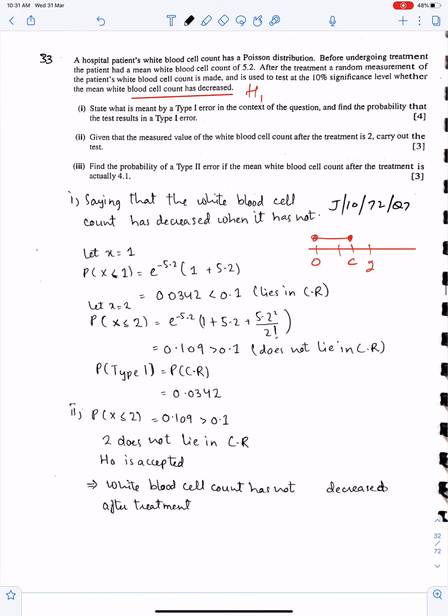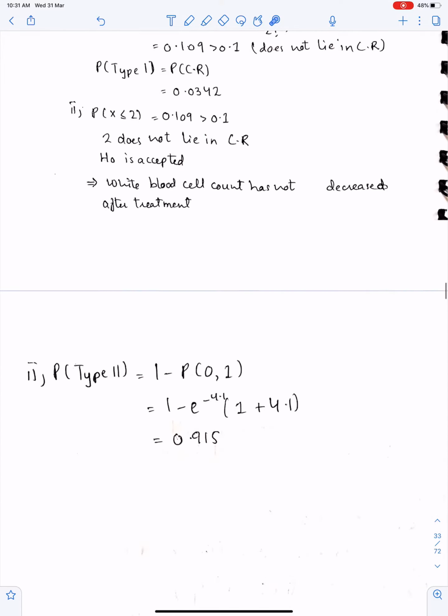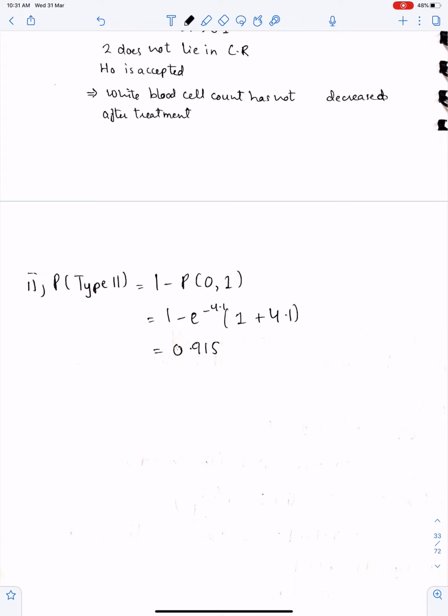Now the next part of this question: find the probability of a type 2 error if the mean white blood cell count is 4.1. This is so simple. The probability of type 2 is the probability of the accepted region, and the accepted region is x greater equal to 2, which is the critical region complement.